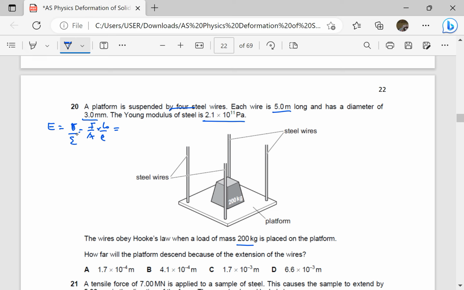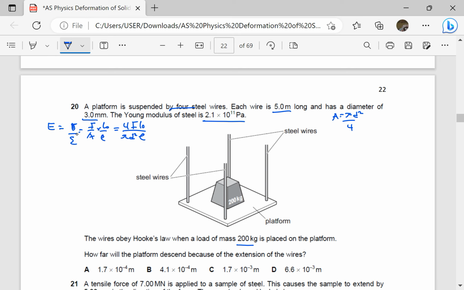Remember, area is pi d squared divided by 4. So this will be 4F times L naught divided by pi d squared times E. That is going to be the expression for Young modulus.